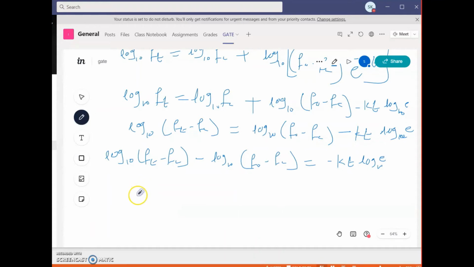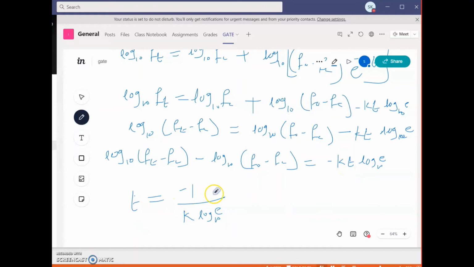So t is equal to, I can write directly, t is equal to minus 1 by k log to the base 10 e. We have taken this entire term, so we are keeping the t only at the right side.